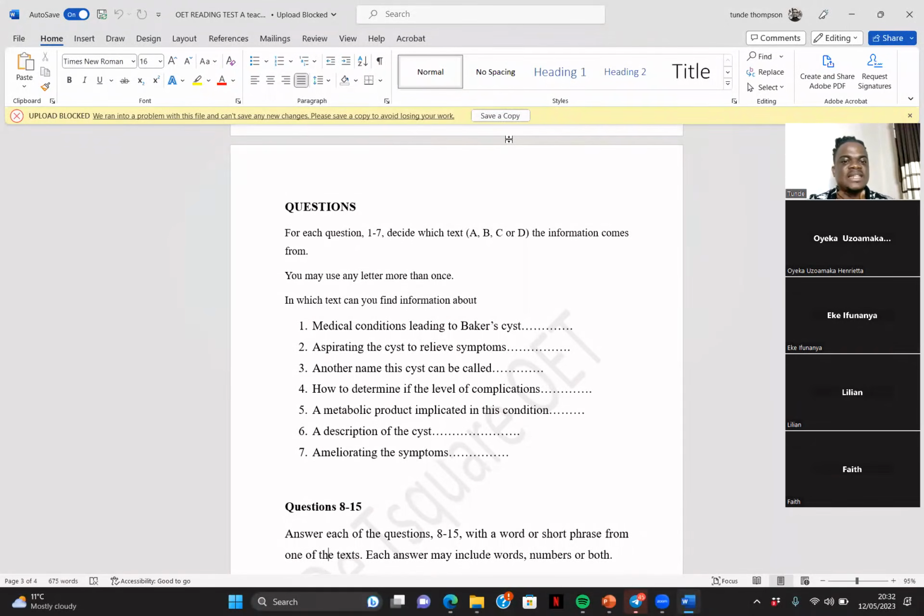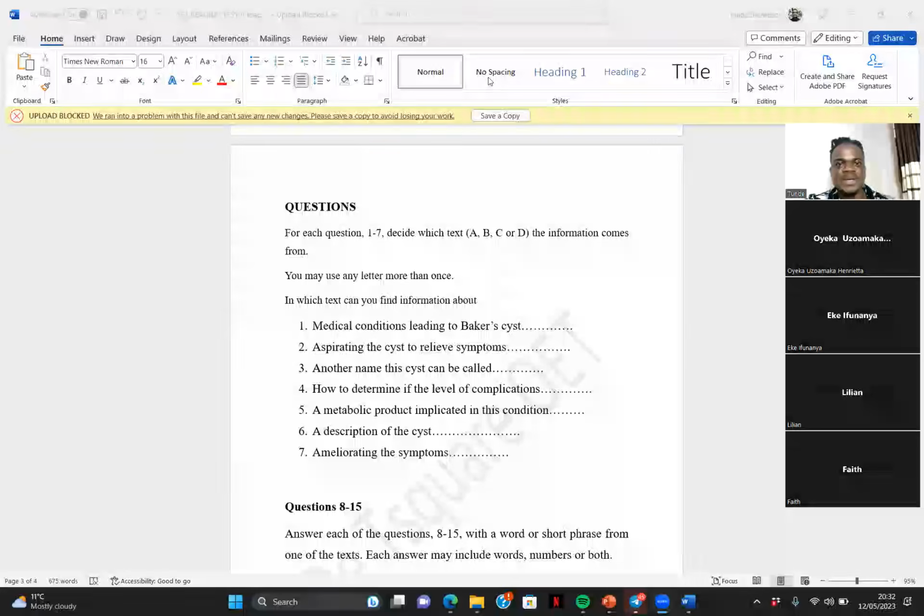And here they are saying aspirating the cyst to relieve symptoms. Technically, what you're trying to do, you guys got it. A lot of you are saying D. That's correct. You are trying to treat this patient by this. So that means you are going straight to D to double check. Then question number 3 says, another name this cyst can be called.